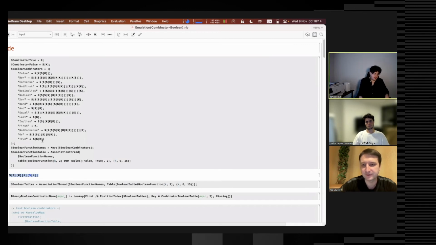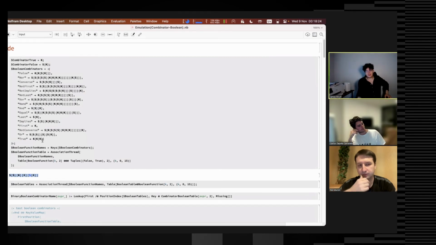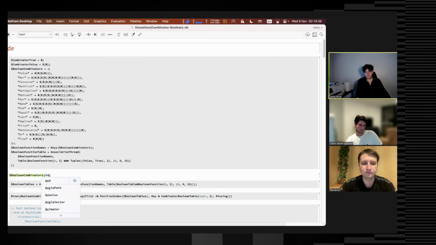So your point is — well, wait, what's your point? Is your point that if we fix K as true and S of K as false, and you have some intermediate expression that will evaluate to true or false, you can find in some equivalence class other combinators that will also evaluate to true or false?